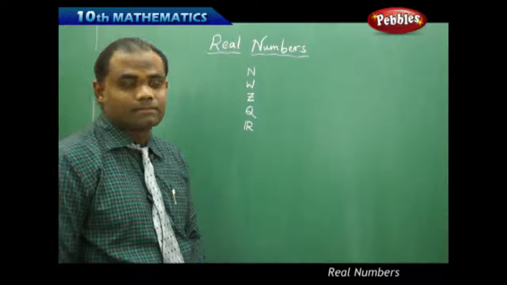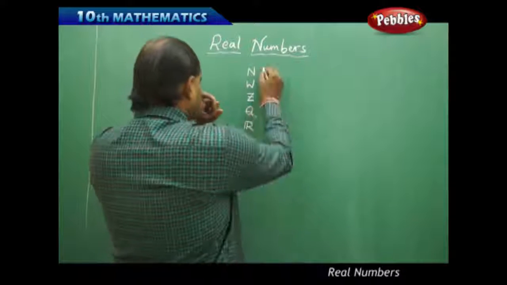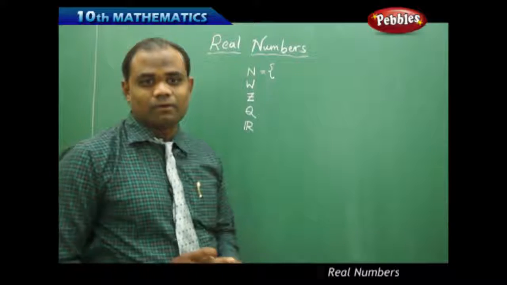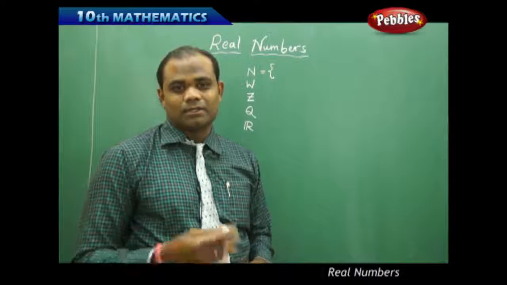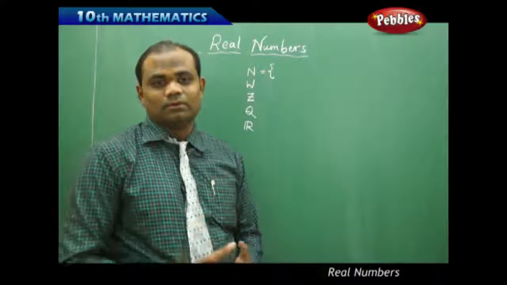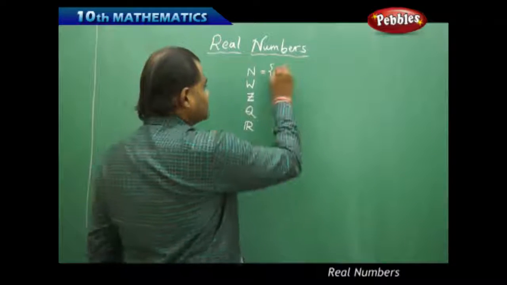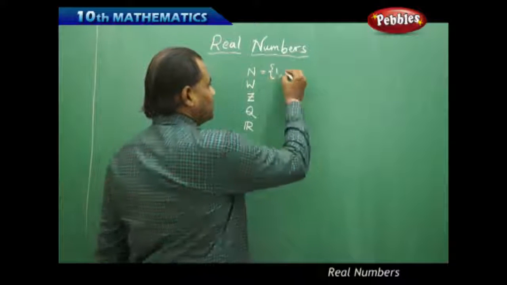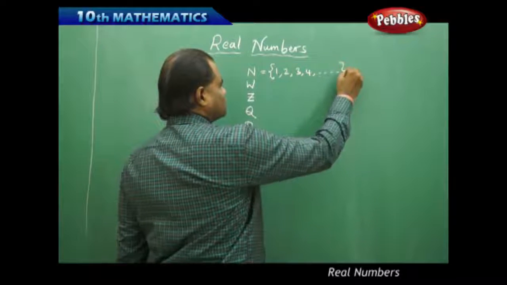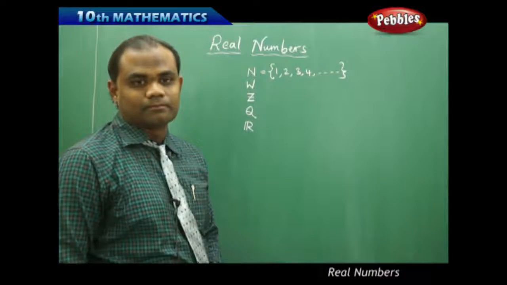Now coming to the natural numbers, we know that natural numbers obviously start with 1. The least of the natural numbers is 1 and the highest is undefined. It can be any big value, but initially it starts with 1. I have natural numbers as 1, 2, 3, 4 and so on till infinity.